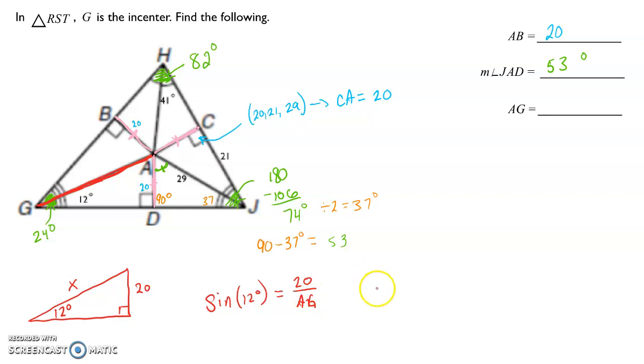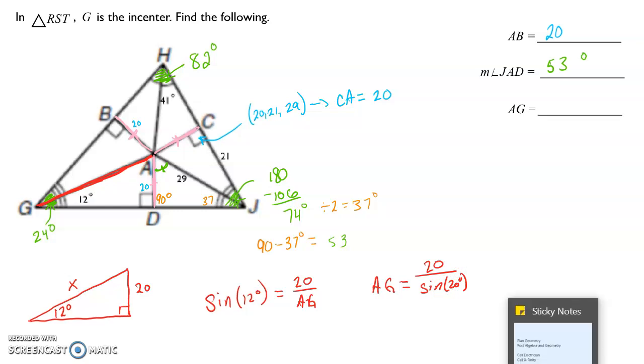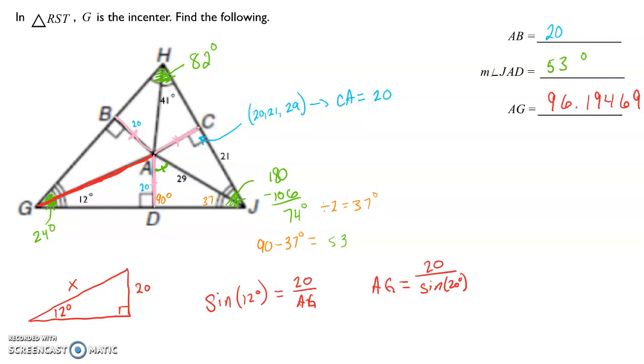So when solving this, segment AG is going to be equal to 20 divided by the sine of 12 degrees. Don't forget, you always have to check that your calculator is in degree mode in this case. Get that AG is about a length of 96.19469 and so on and so forth.